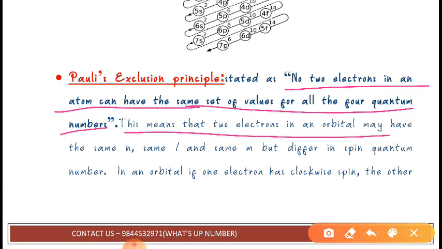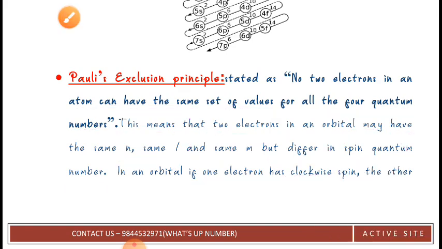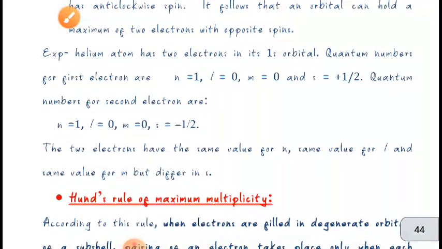This means that two electrons in an orbital may have the same value of n, l and m, but they will be different in the spin quantum number, right? Okay, so this was about the Pauli exclusion principle.